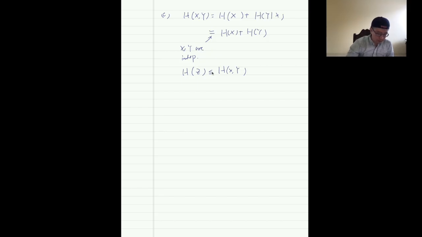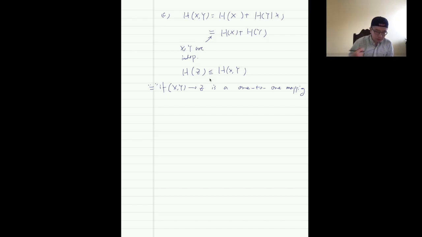Therefore, we need to make sure that the mapping from (X,Y) to Z is a one-to-one mapping. Then this will become an equality, if that holds.